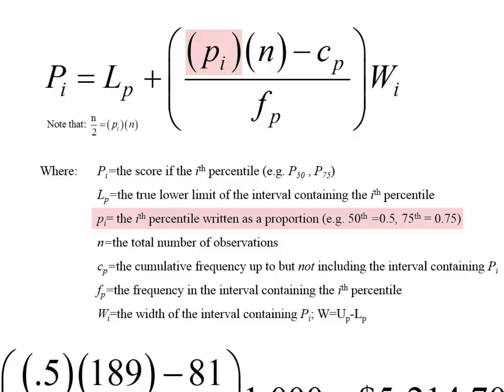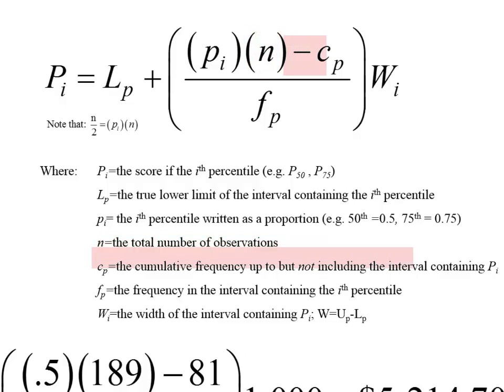P sub I, the small p sub I, is the percentile we're interested in written as a proportion. Whenever we're calculating a median, we're interested in the 50th percentile, so we just plug in 0.5. N is the total number of cases, 189, and that gets us our 94.5. 0.5 times 189 is 94.5.